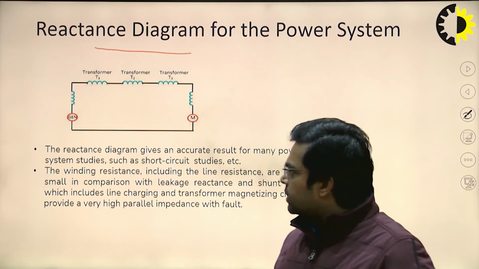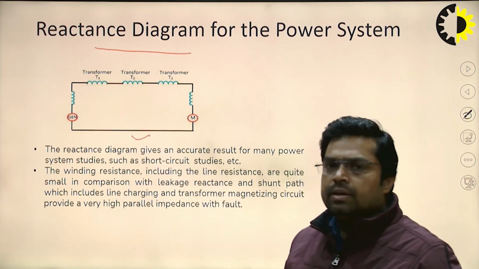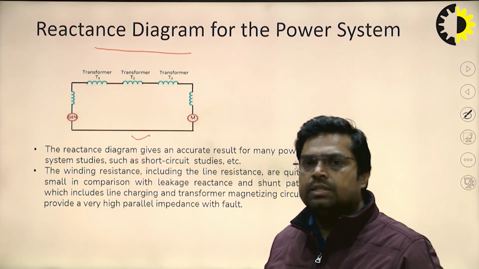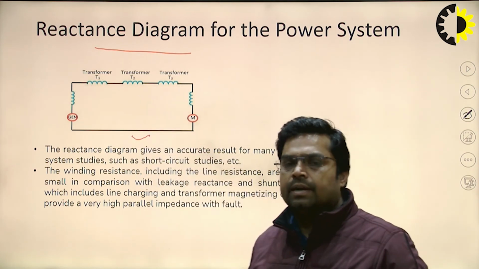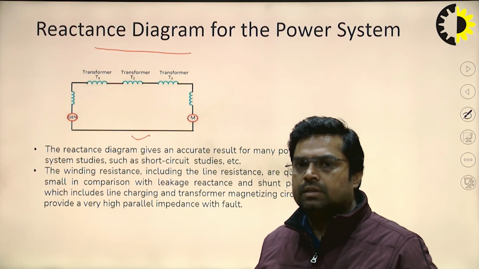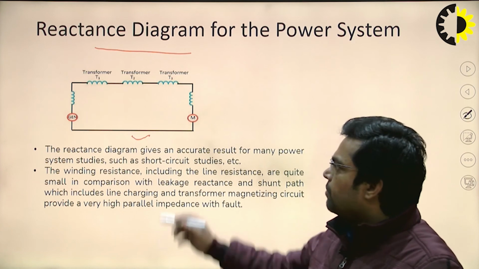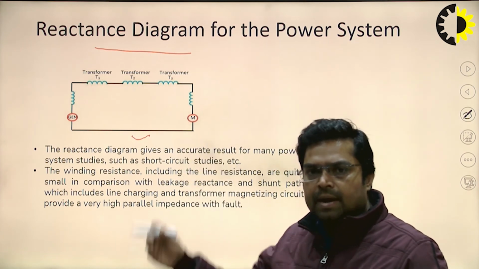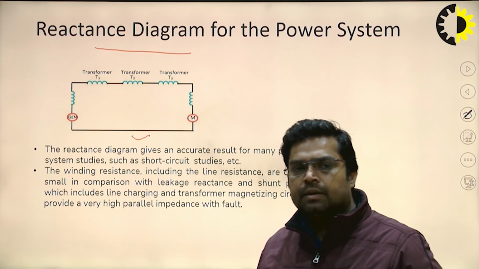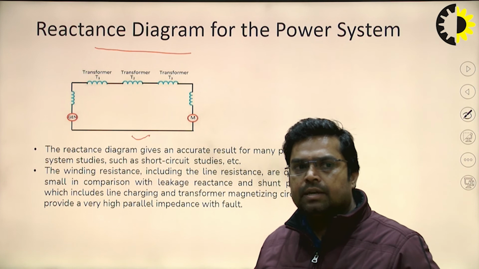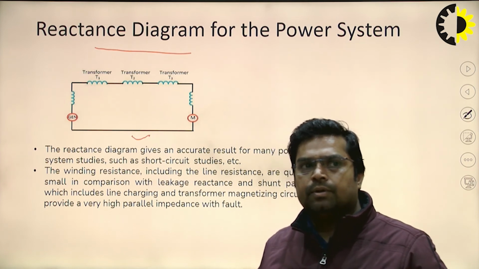In short circuit analysis, as you can see in this diagram, we neglect the series resistance and also neglect the shunt path reactances. All shunt and series resistances are neglected, that is, winding resistance and magnetizing resistance are neglected, and the reactance on the shunt path is completely neglected while drawing the reactance diagram.